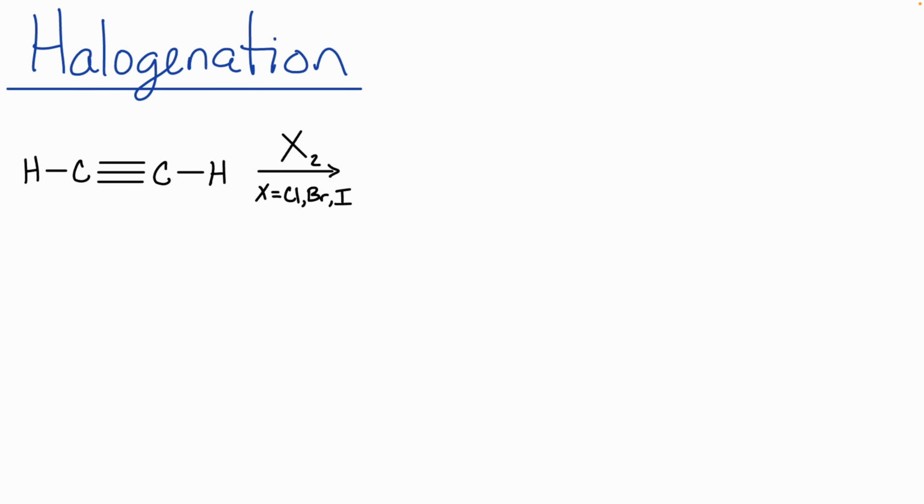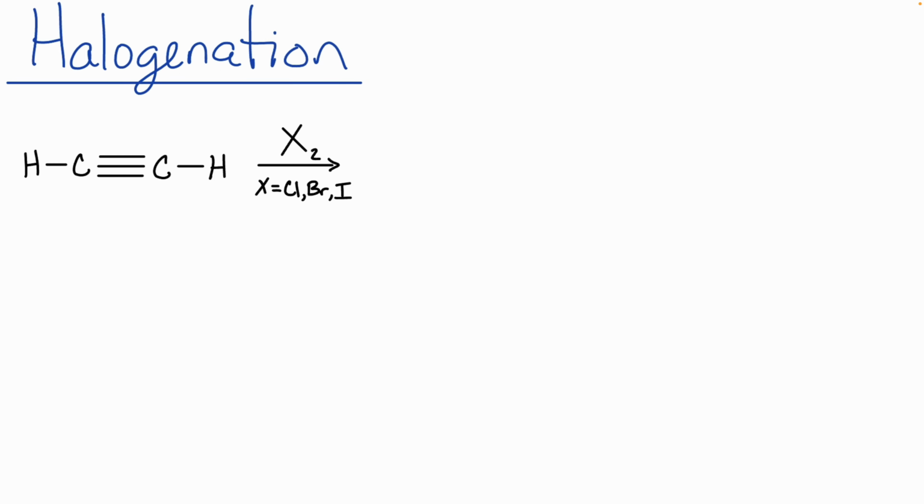Okay, and just like we saw before, when we add this halogen, we're going to add it in an anti-addition fashion. So everybody take a second and see if you can't give me my alkene product here with those halogens added as that anti-addition.